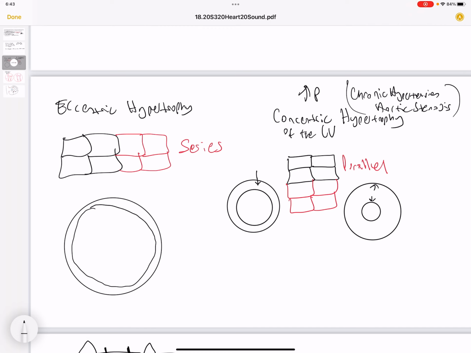So it grew in size, and the walls are thinner, or about the same. And this happens with aortic regurgitation.